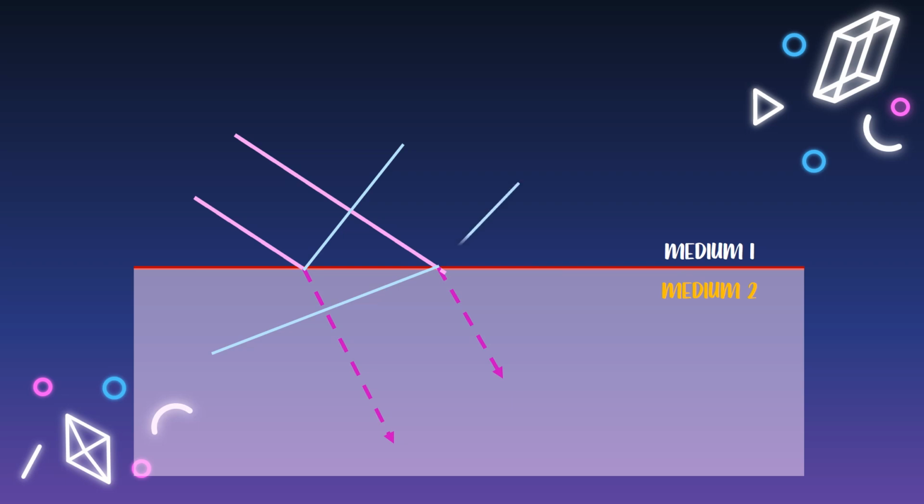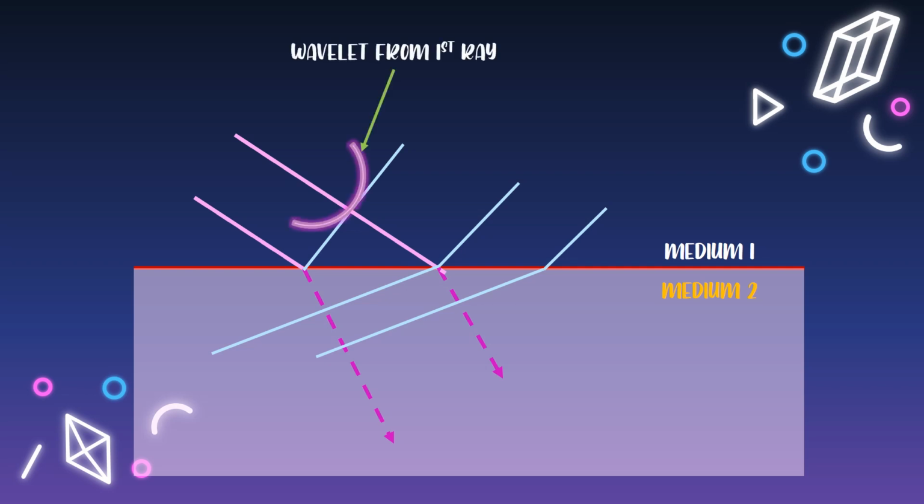But during the time between the two waves entering medium 2, the wavefront bends because its two ends are covering different distances. So we construct the new wavefront from the tangent to the wavefront on the left and the one just emerging at the right. From this refracted wavefront, we can now have our wavelets.